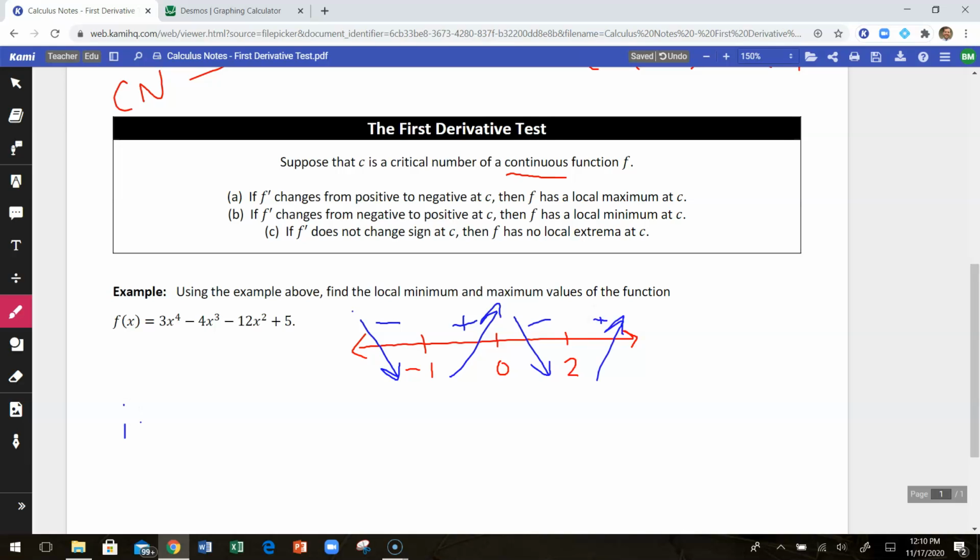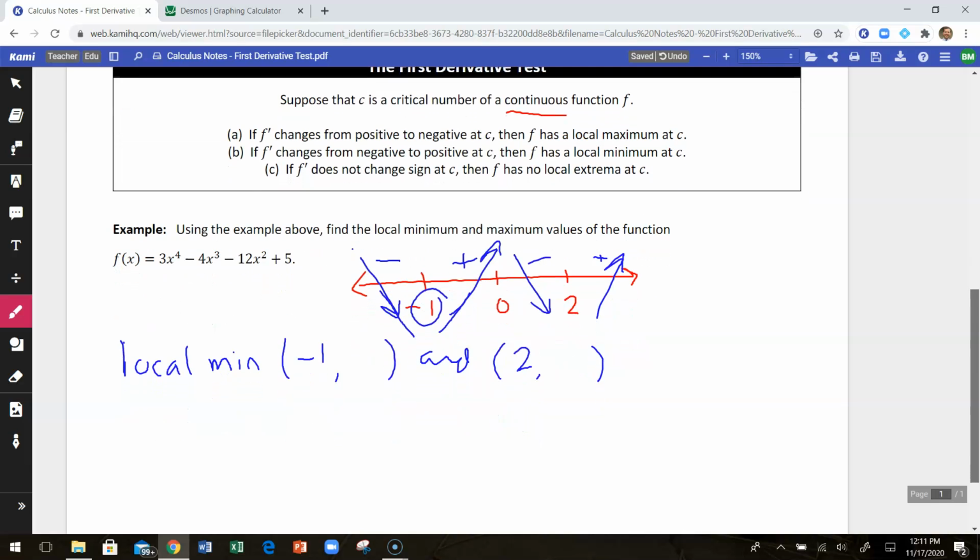So what that means is that there is a local minimum at -1. I'm going from decreasing to increasing, which means we're going to have a local minimum there. And there's also going to be a local minimum at 2. Right? So I'm going from decreasing to increasing at 2, so there's a local minimum there as well.